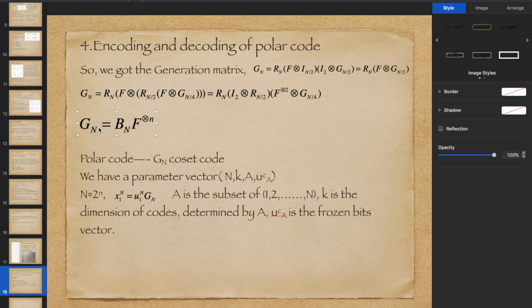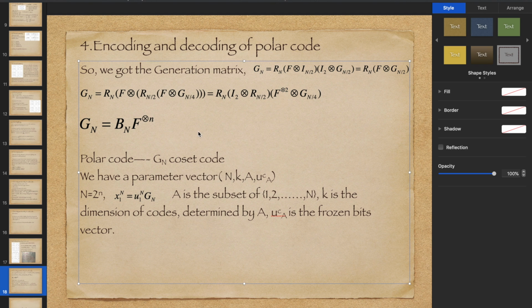Gn is equal to Bn times the Kronecker power of F. Here, Bn is the bit-reversal permutation matrix. Well, what does that mean?